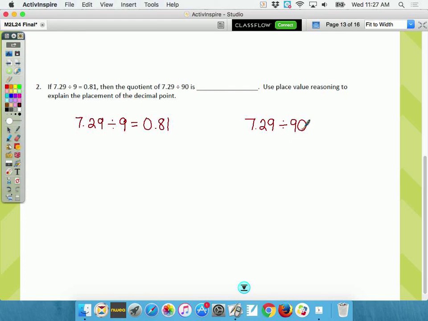How is that different? It's not 9. Right, so that would be a 9 and a 10, correct? So, how do you write this? 720 divided by 9, divided by 10.